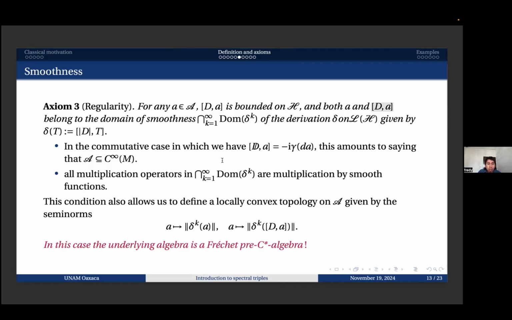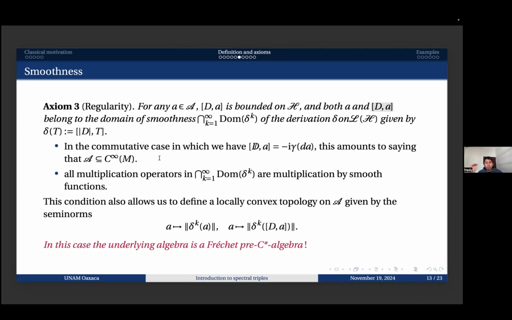In the commutative case, what does this mean? It means that this algebra is inside the smooth functions of the manifold.